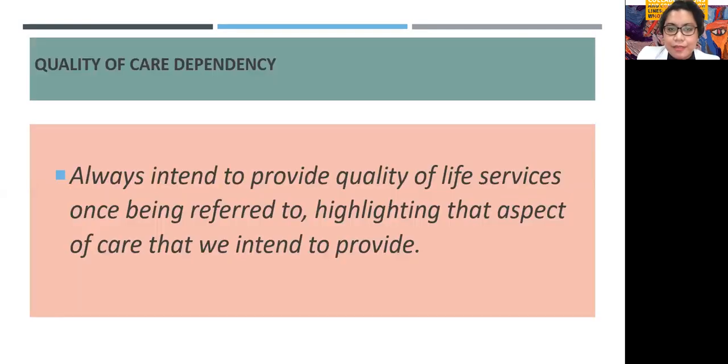Quality of care dependency. Always intend to provide quality of life services once being referred to, highlighting that aspect of care that we intend to provide. That's why we also need continuous medical education training, not only theoretically but practically.